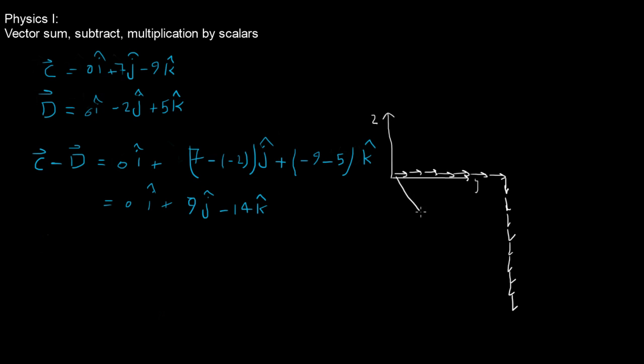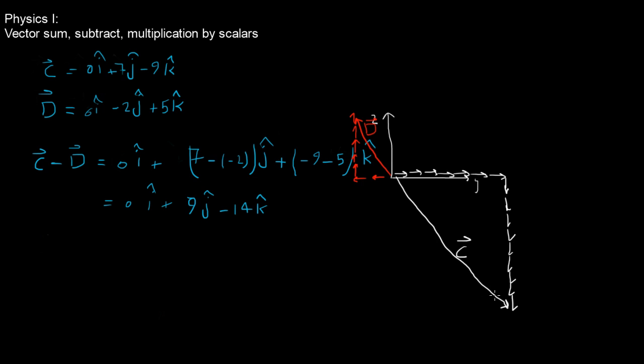So therefore this is vector C. Now for vector D, I can start from here. It's negative 2j hat. So 1, 2j hat and 5k hat. So it is 1, 2, 3, 4, 5k hat. So therefore this is vector D.